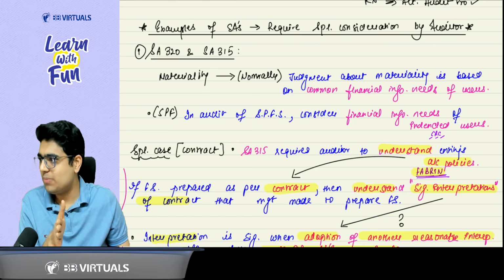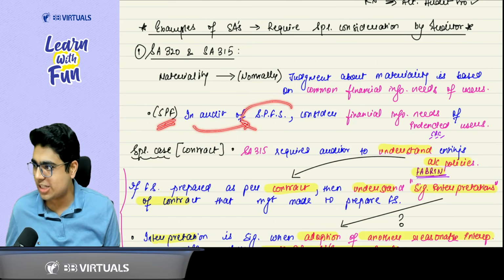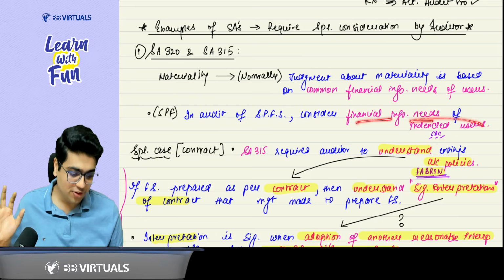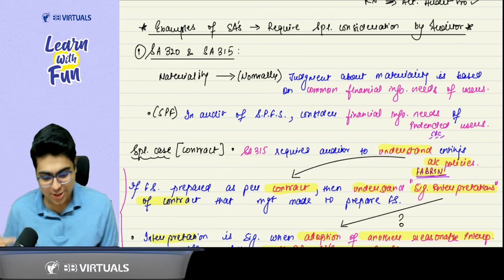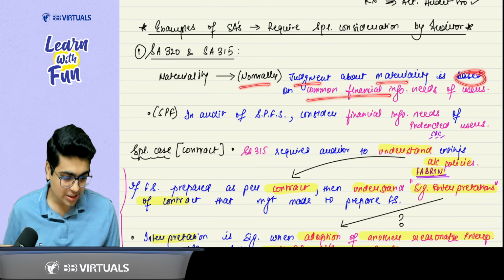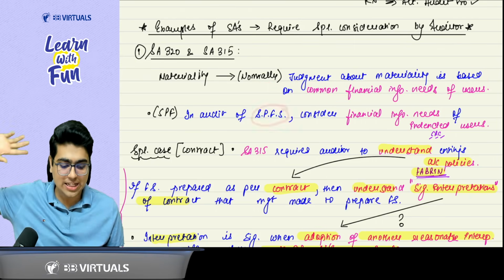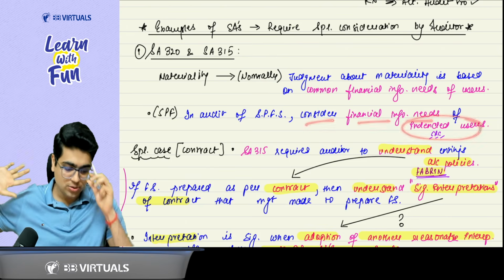But when I am doing my audit as per special purpose framework, in the audit of special purpose financial statement, I have to consider financial information needs of intended users. So this is a special thing about this. So normally judgment about materiality is based on the common financial information needs of all the users. But when you are doing the audit of special purpose financial statement, consider the financial information needs of intended users.